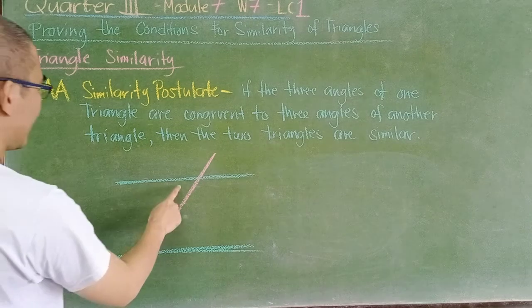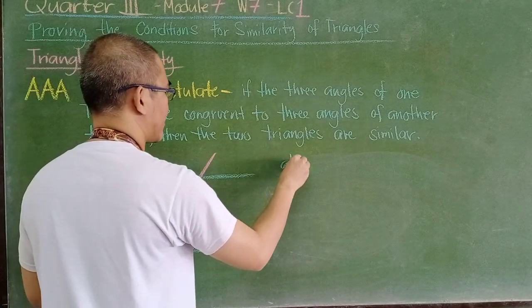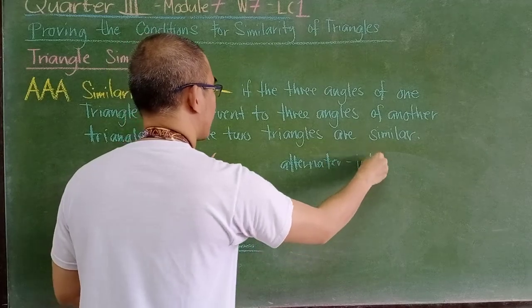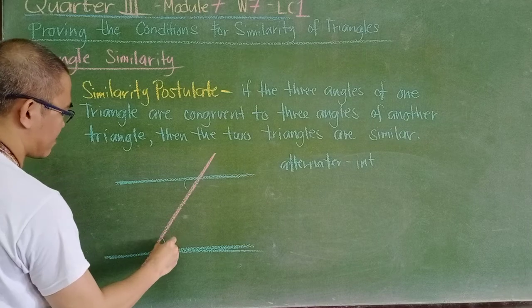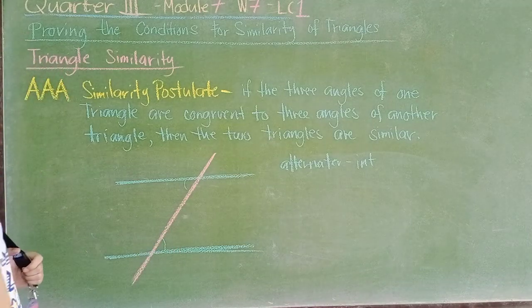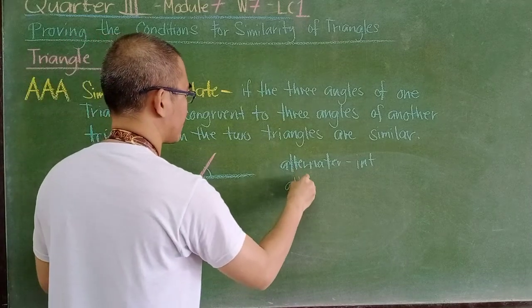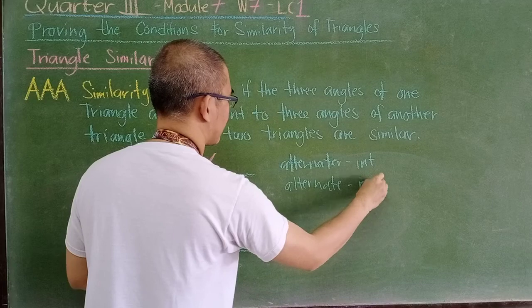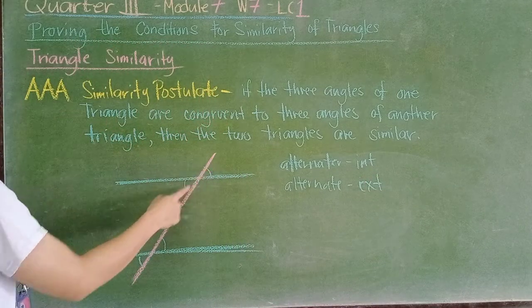Unang-una, yung alternate interior. And then, ito yung mga alternate interior natin. And then, makakakuha din ng alternate exterior, yung nasa labas. Alternate exterior. So you have alternate interior, alternate exterior.